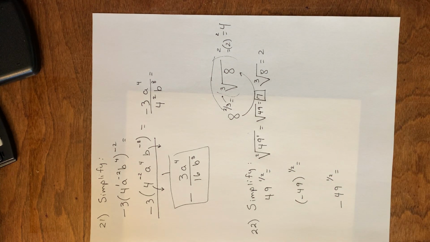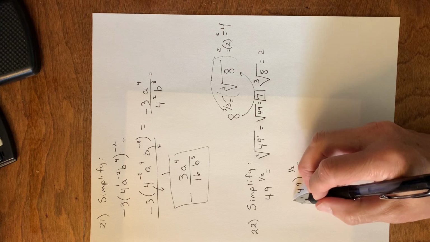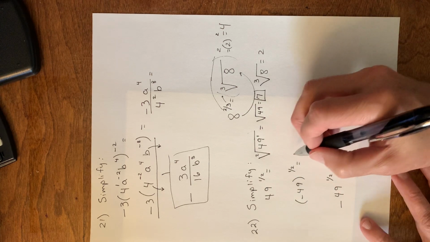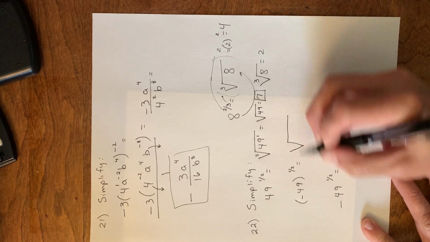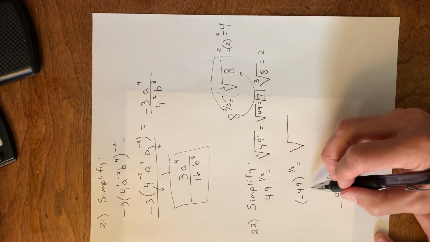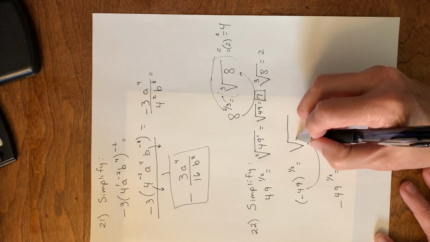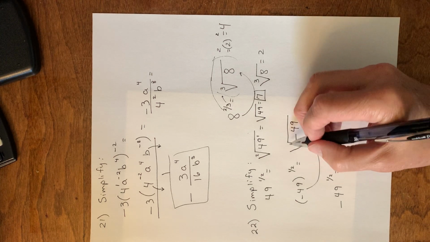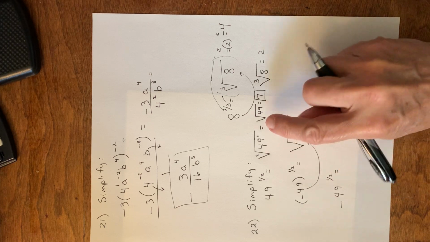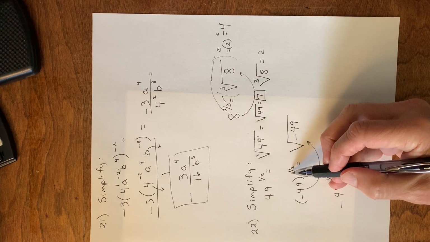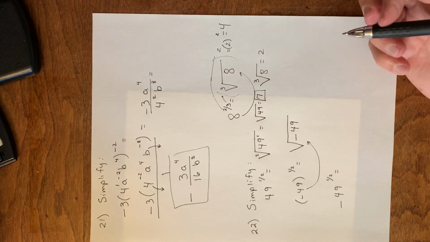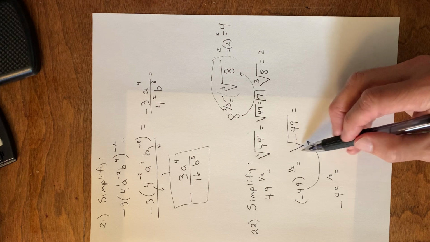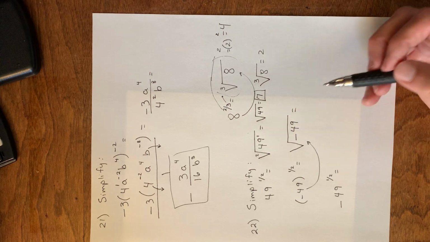Let's try this guy. Notice the parentheses. That tells me that everything in the parentheses is raised to the 1/2 power. It means everything in the parentheses is the base. So the new radicand is negative 49. The index again is 2, but I'm not going to put it because it's just unnecessary. The exponent again is 1. I'm not going to put it because it's unnecessary. And so I'm looking at the square root of negative 49.